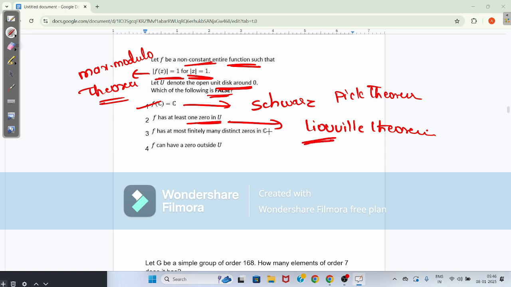This is proved by the Liouville theorem. So this is also the correct statement here. In this question, it has been given infinitely many distinct zeros. This is what has been given in the question. It is a mistake here. Now, f has at most infinitely many zeros. This is the wrong option here, because it will have finitely many zeros.